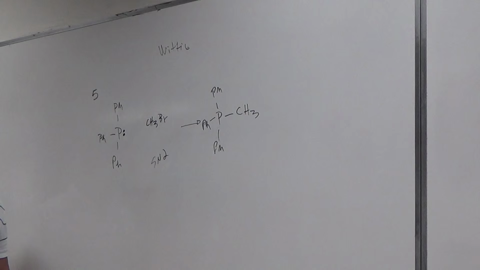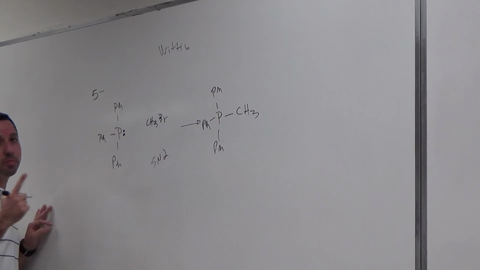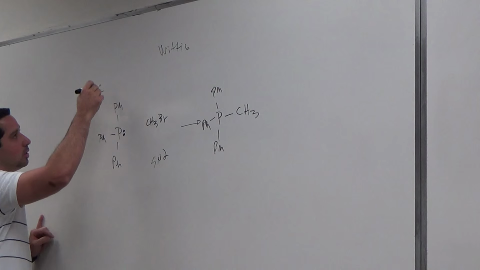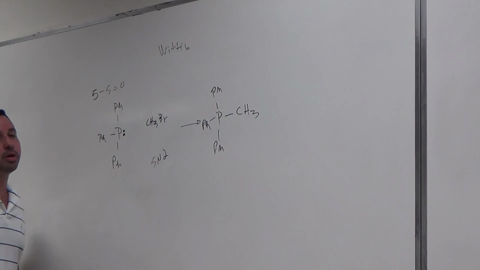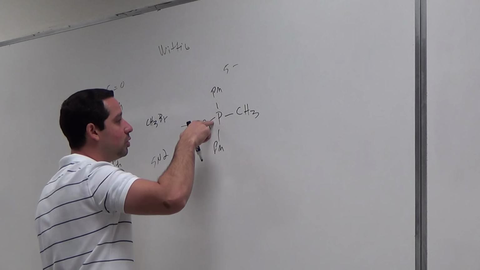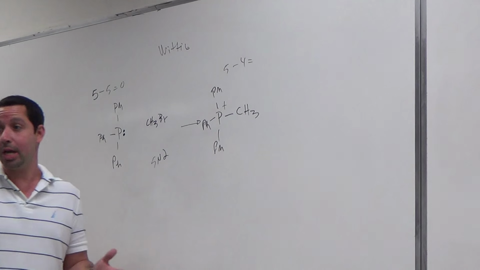It's in group 5, below the nitrogen. So 5 is the number of valence electrons minus the electrons it owns: 1, 2, 3, 4, 5. It's neutral, that's 0. And here it is 5 minus 1, 2, 3, 4, which is 4. What is it? Positive 1. Just like nitrogen, yes?